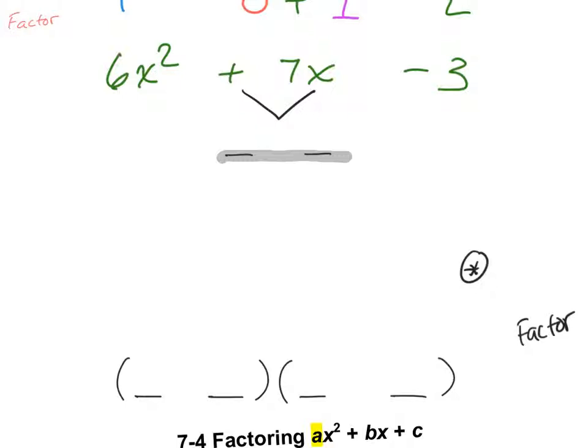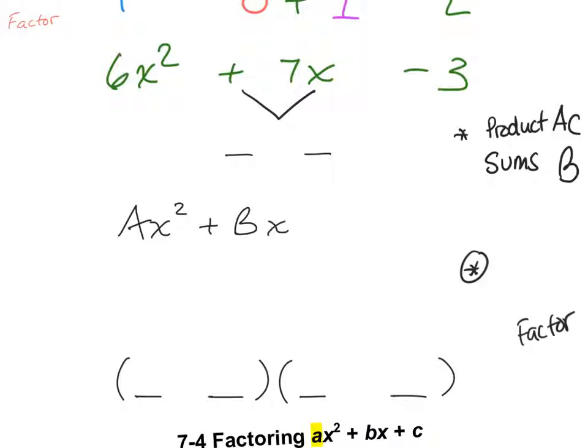There's a little saying that helps you expand out the middle term: you need to find the product of AC that sums to B. Going back to the standard form of a quadratic trinomial, ax squared plus bx plus c, when they ask you to find the numbers that create the product of a times c, your job is to find what multiplies to 6 times negative 3, so what multiplies to negative 18 that adds to b, which is positive 7.